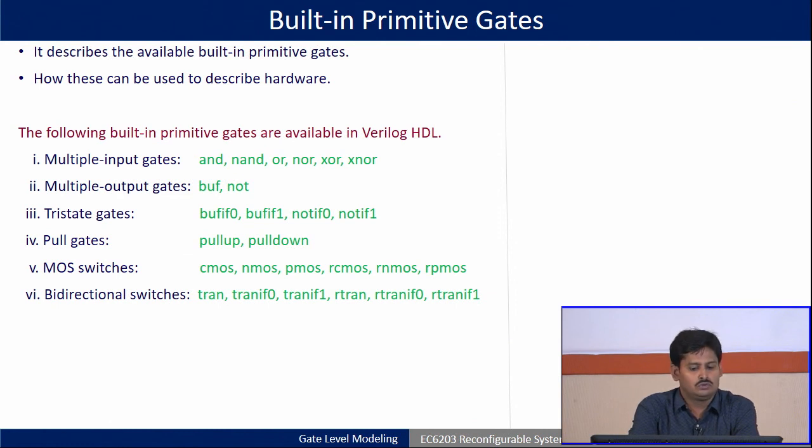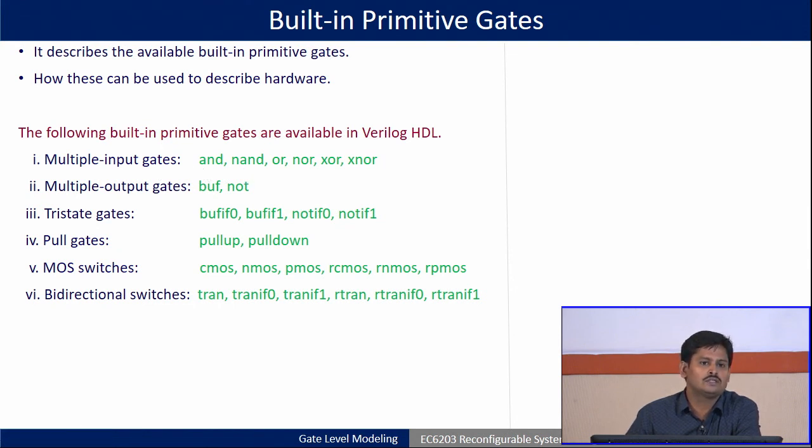As the name indicates, these describe the various built in primitive gates available, which can be used to design any digital circuit. First is the multiple input gates, which we already discussed, like AND gate, NAND gate, XOR gate.